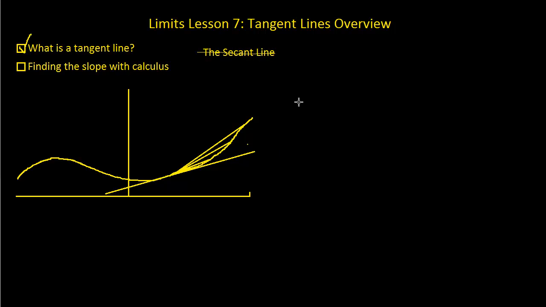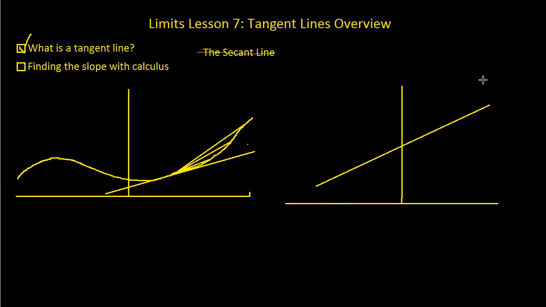Now, what we know from the algebra that we've done before is that if you want to find the slope of a line, something like this, a line has to have 2 points and a slope.